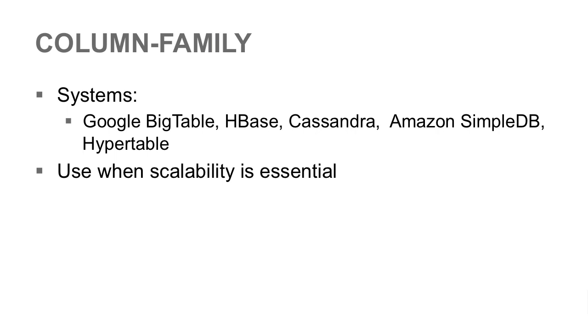And one of the very attractive capabilities of that system is that it has automatic replication even across data centers. And that this capability is there from the origins of the system and not something that was added retroactively. Column family is going to be a good choice where we need great scalability, fault tolerance, and our data model is more complex than what we have with key value stores.